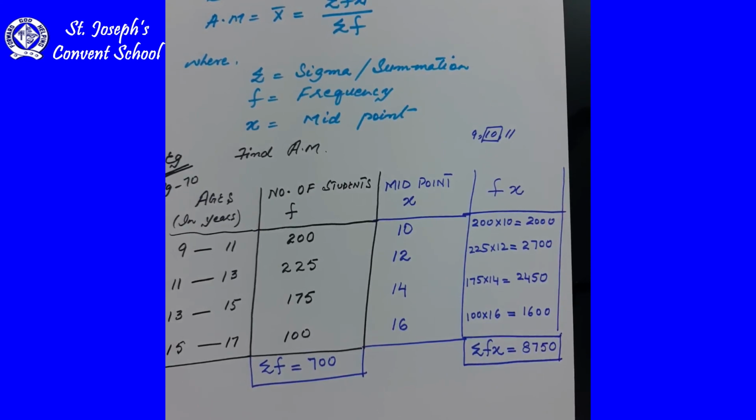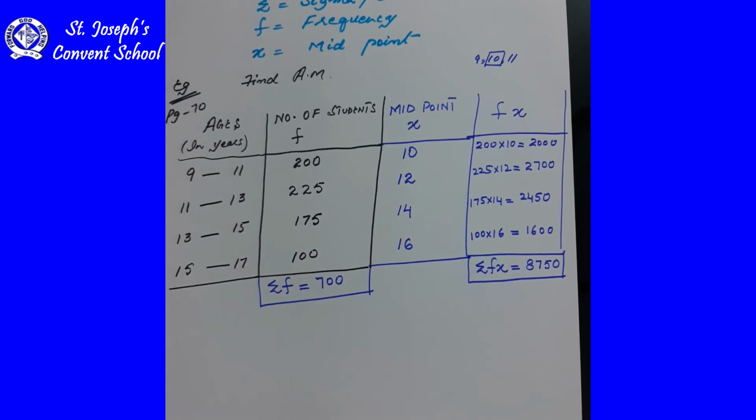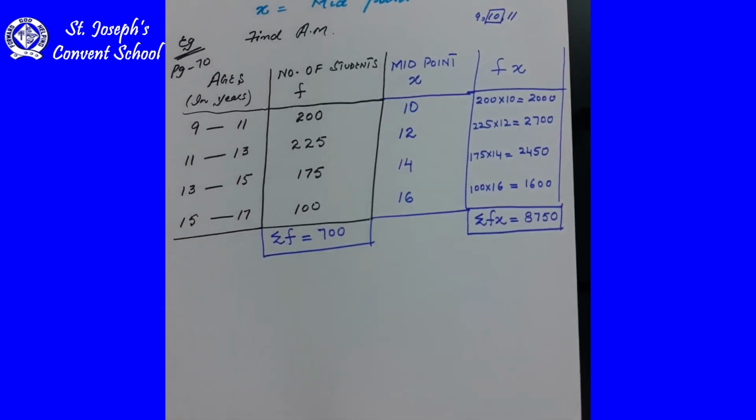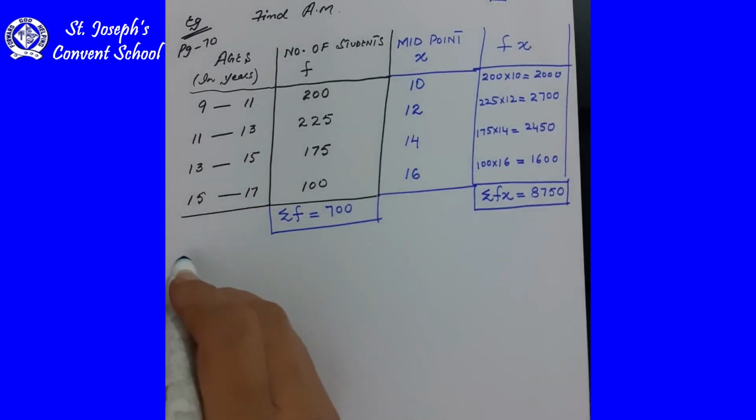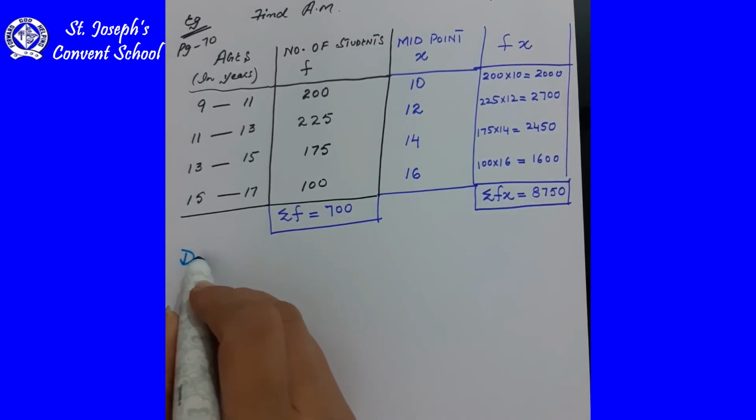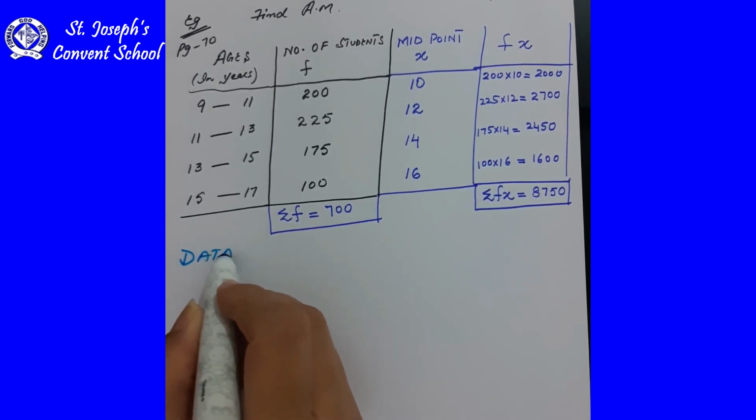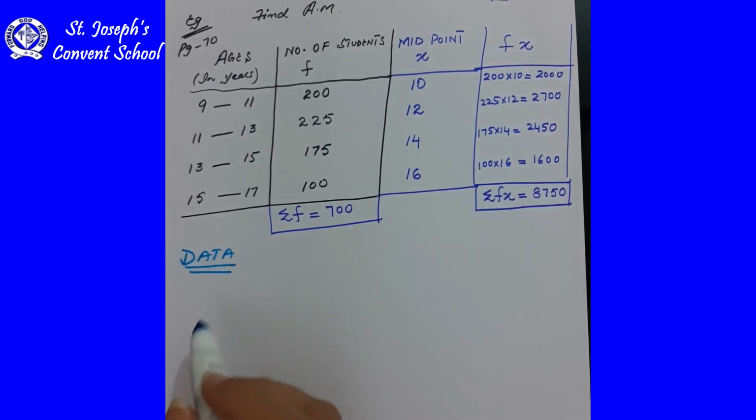Now how to solve it? Write down the data first, what is given, then we will write the formula. The data means what values are given. Now the values are given, you have found these values.